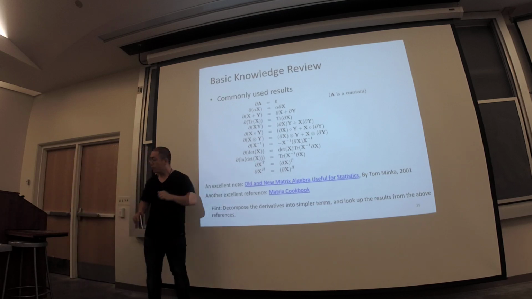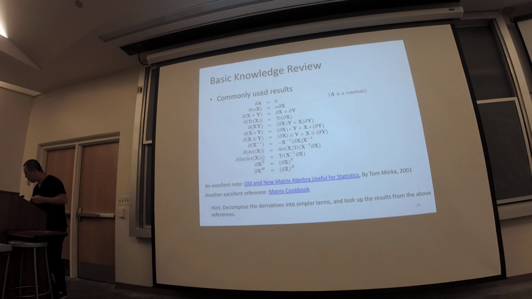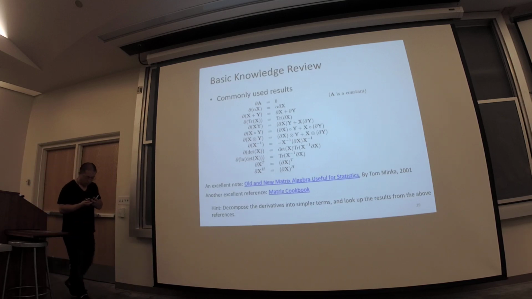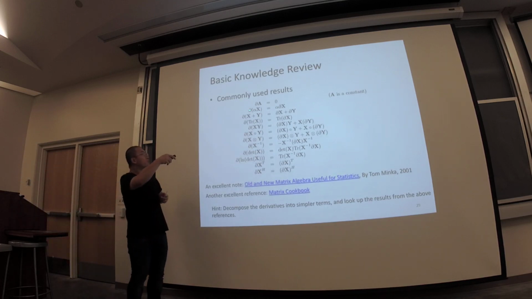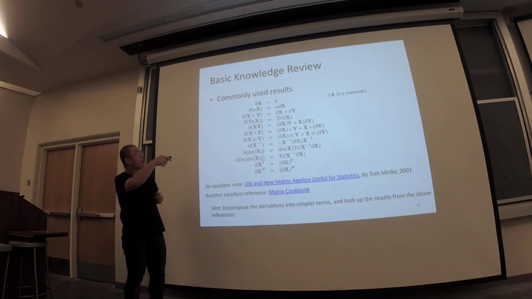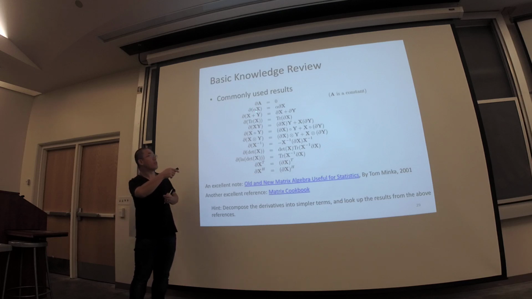Let me use the marker. The partial derivative of a constant matrix is just 0, same as the scalar case. The partial derivative of a scalar alpha multiplying a variable matrix x is equal to alpha multiplying the partial derivative of the matrix.